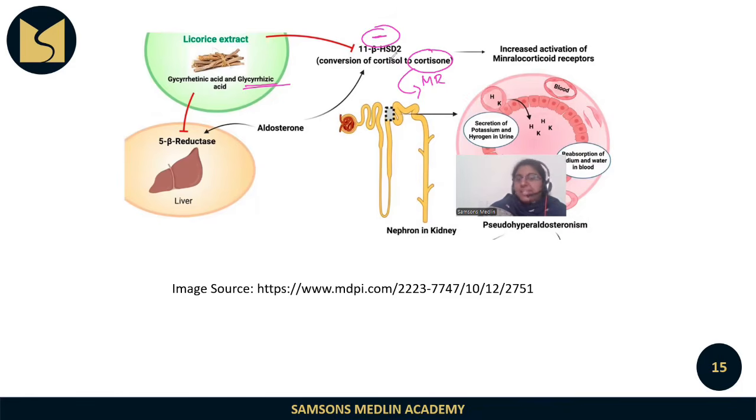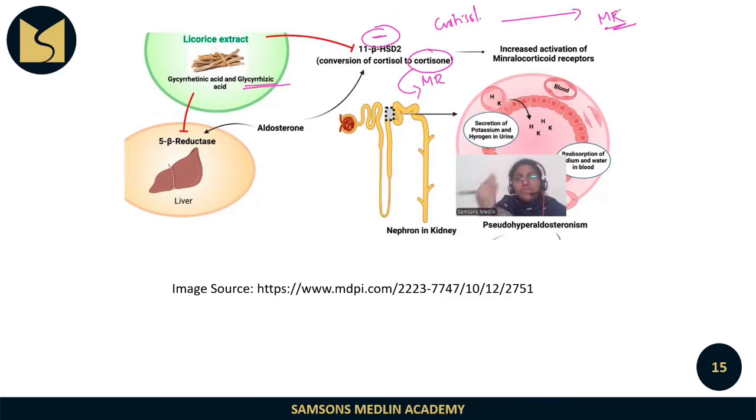What will happen when this enzyme is inhibited? The conversion of cortisol to cortisone will not happen. So who is predominant now in the blood? That is cortisol. We have just studied that cortisol can stimulate the mineralocorticoid receptor and is present in more concentration than aldosterone, so it can overstimulate the receptor.